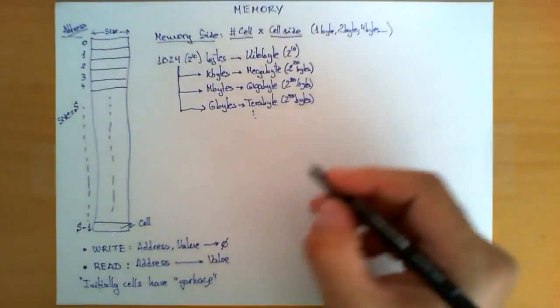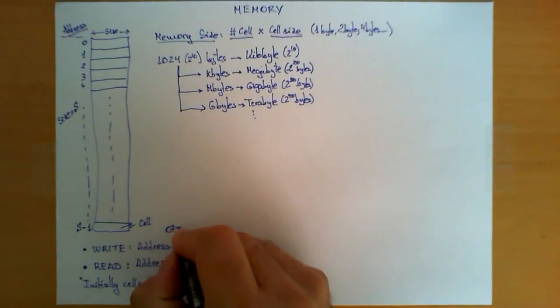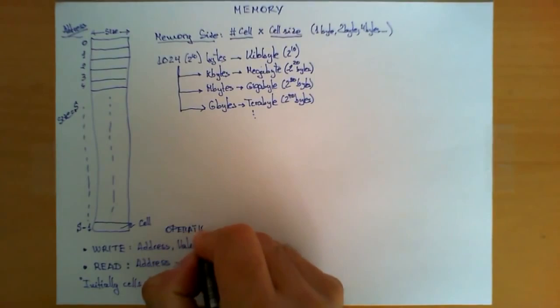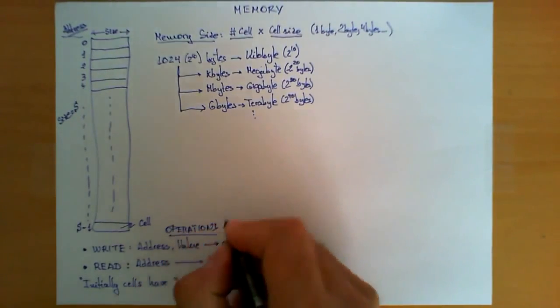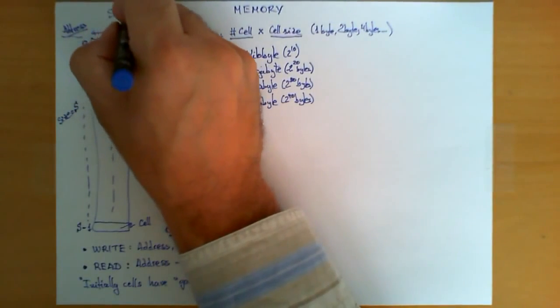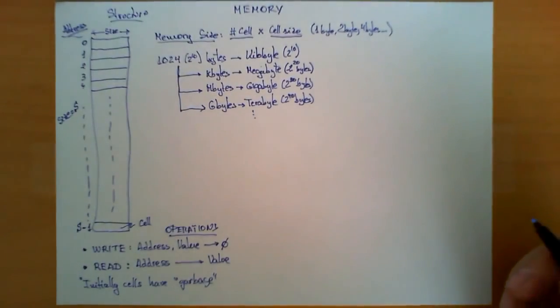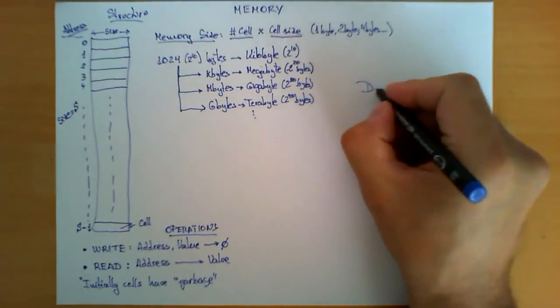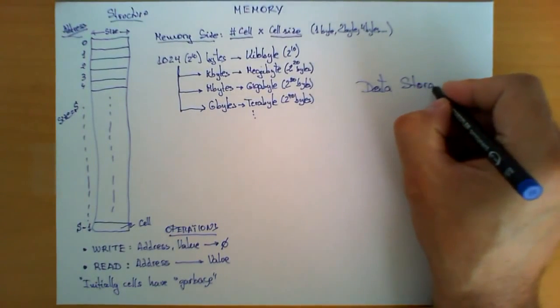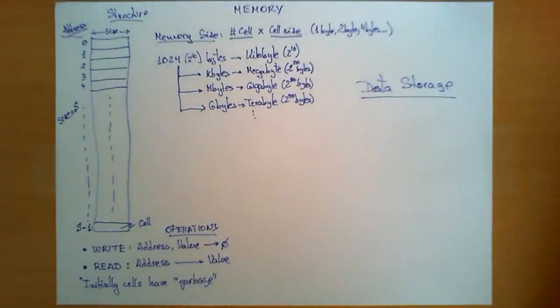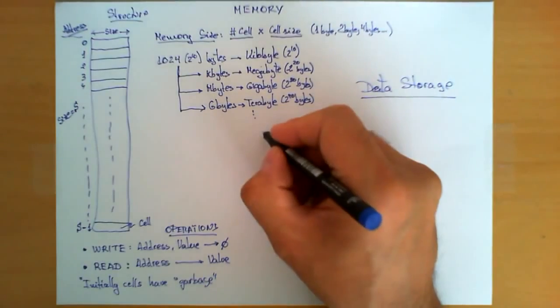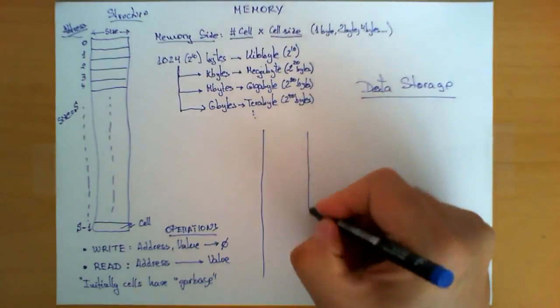Alright, so after we cover memory size, the operations, and the structure, let's talk now about examples. Let's see how we perform data storage. How do we store data in a memory? For that, let's assume I have just a portion of memory.